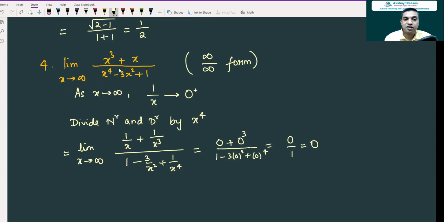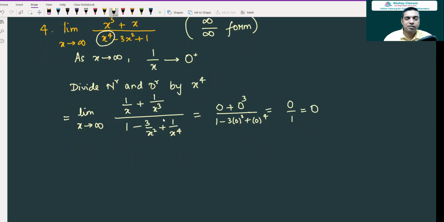So when x approaches infinity, this will dominate more than the numerator. So the denominator will be a much larger number than the numerator. So when the degree of the denominator is greater than the degree of the numerator, straight away we get the limit becoming 0. Because the denominator becomes a very large value compared to the numerator, the limit value approaches 0.